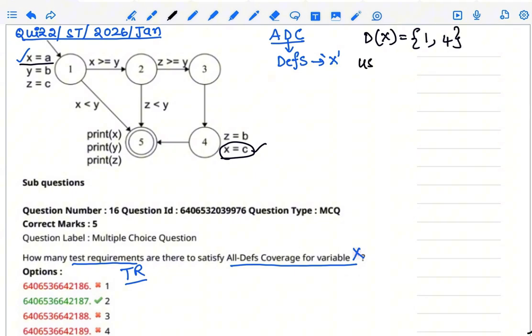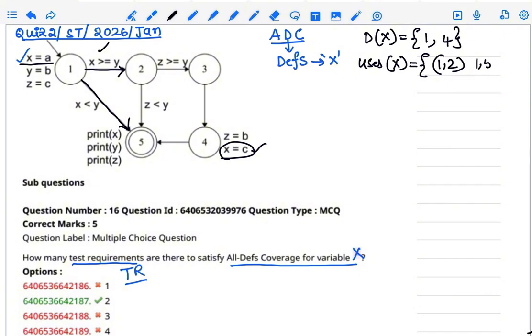And what are the uses of x? Where is x used? x is used in the edge 1 to 2, that is x greater than or equal to y. And x is used at edge 1 to 5, that is x less than y.